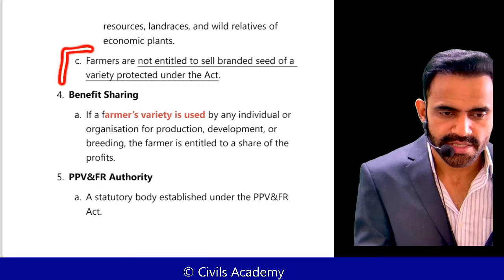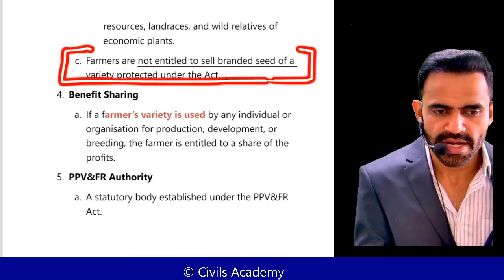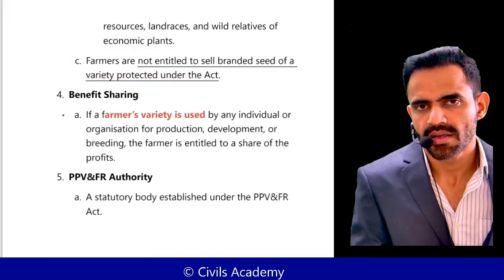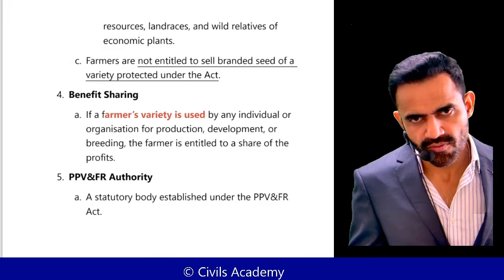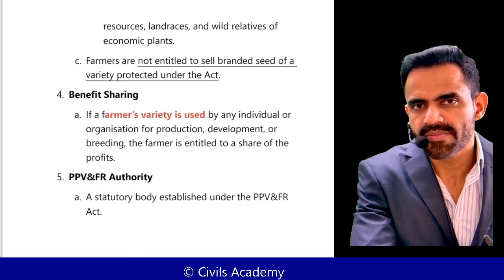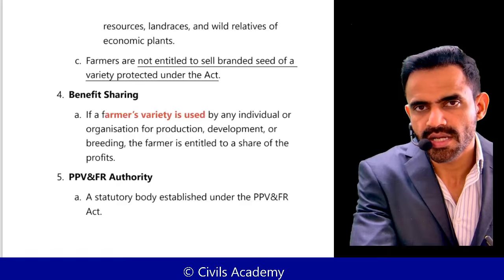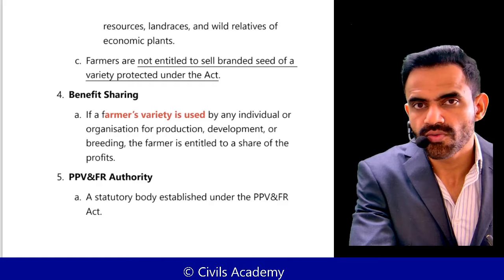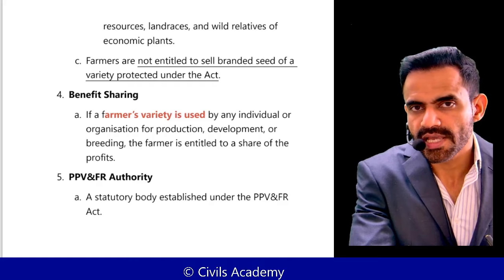Please understand this one thing: farmers are not entitled to sell the branded seed of a variety protected under this act. I've already explained that scenario. For example, company A developed the seed. After research and development, farmer purchased those seeds and farmers used those seeds for cultivation. At the end of that, new crop is there. Farmer is going to save some seeds from that.